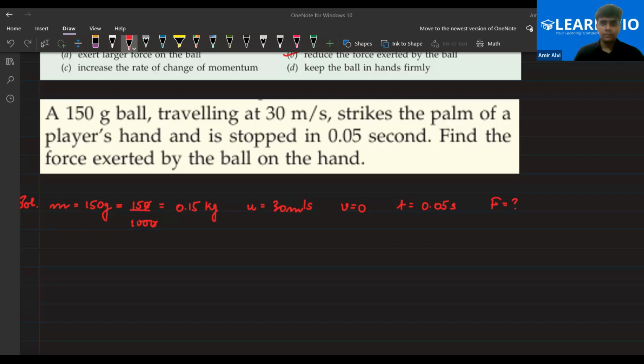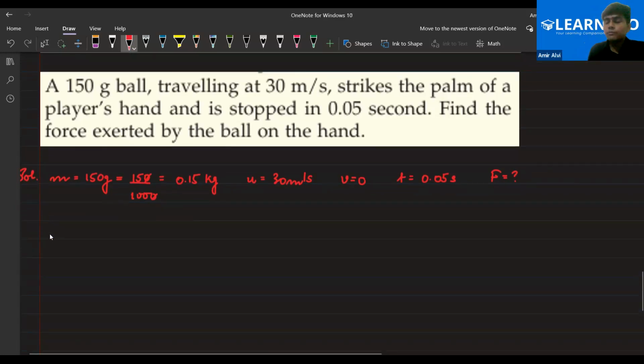Sir, I have the answer. Okay, sure. Farhan, always mention the unit. How many times have I told you, please do not miss the units, because physics is all about the units. If you miss the units, your marks are going to be deducted.